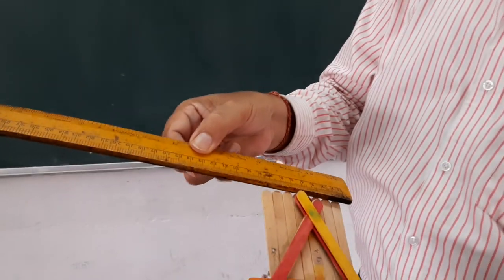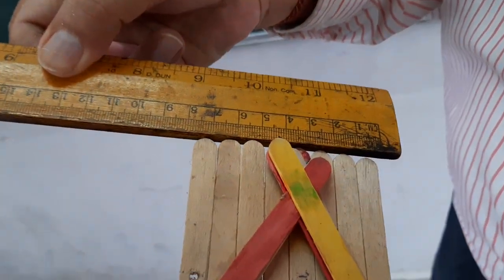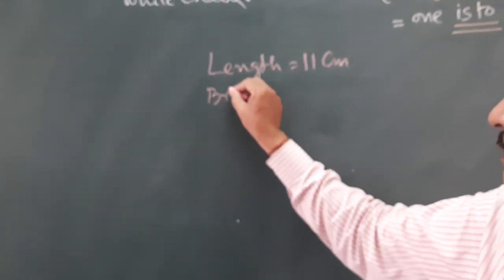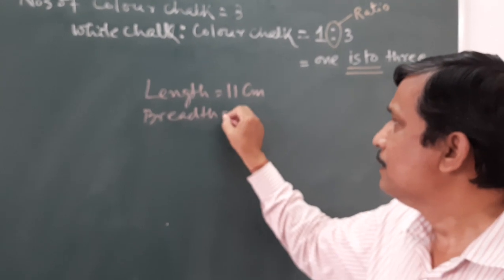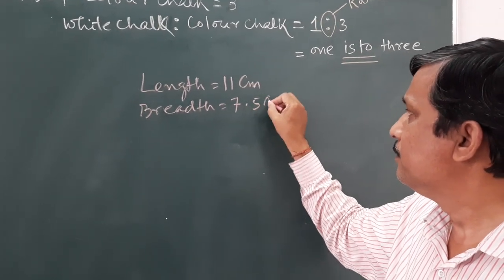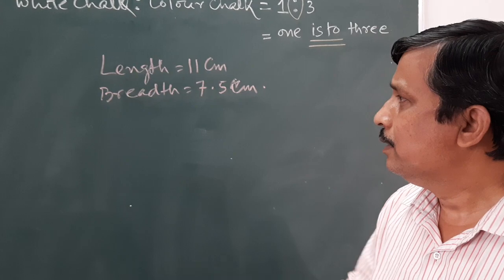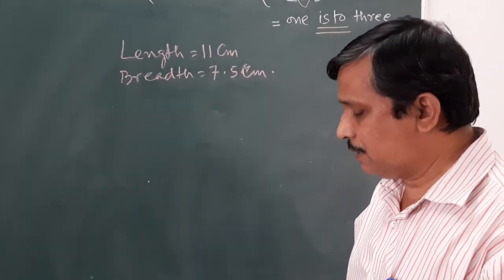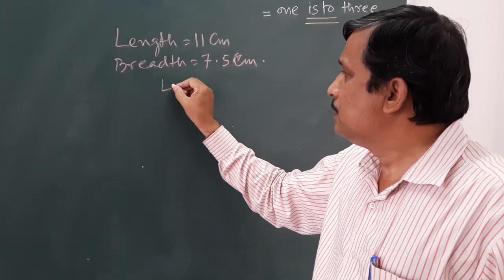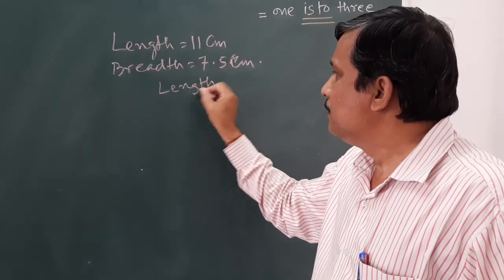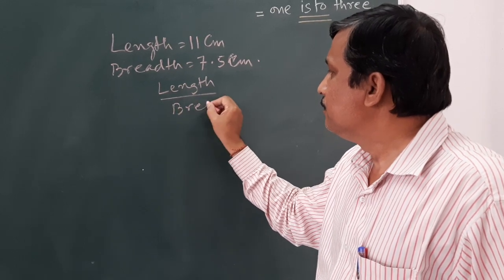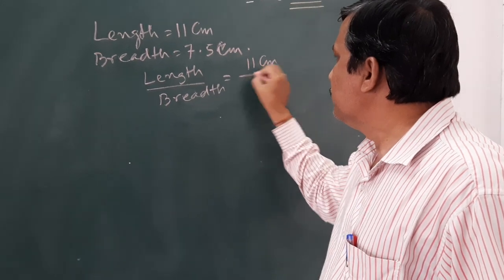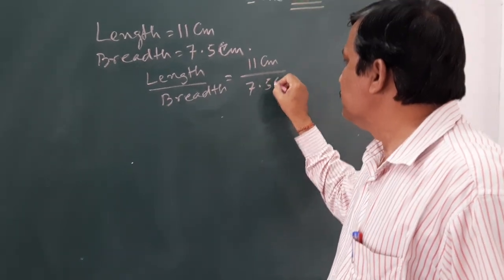Similarly, the breadth here is 7.5 cm. Now you want to find out the ratio of length by breadth. So it is 11 centimeter by 7.5 centimeter.